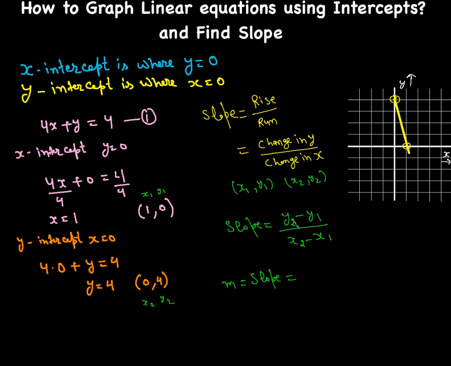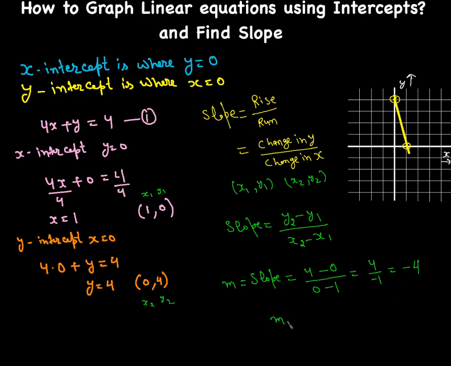Okay, so y2 is 4, as you see over here, 4 minus y1, which is 0, divided by x2, which is 0, minus x1, which is 1. So that gives me 4 over -1, which is basically equal to -4.